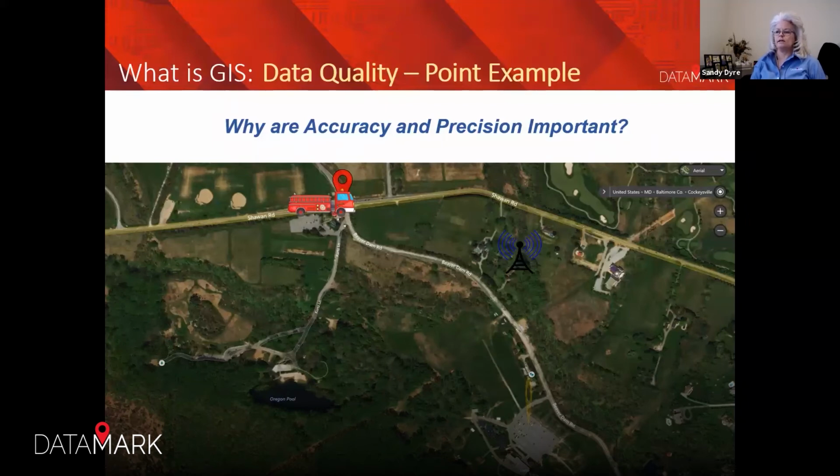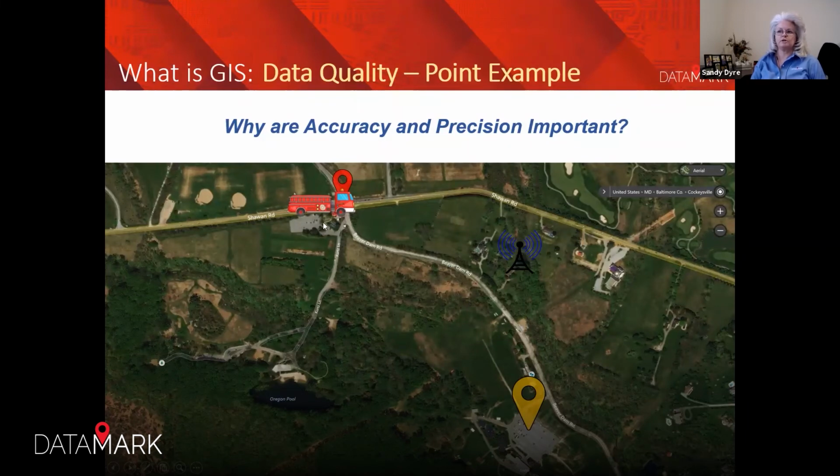Well, the reality is the address itself is actually down here at this business instead. So while placing the point on the roadway to lead them in is helpful, it may have been more helpful if the actual point was placed here instead, which would have led the fire truck to the exact location. Now, this is doable.